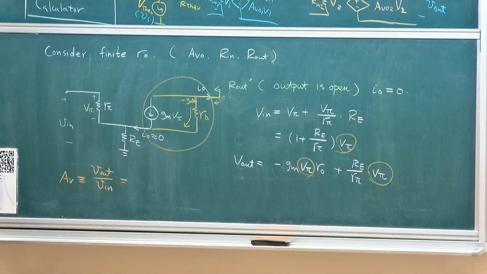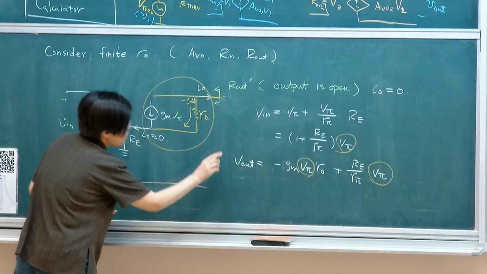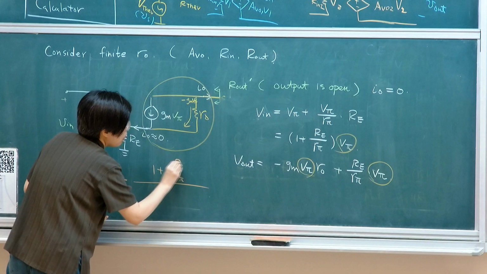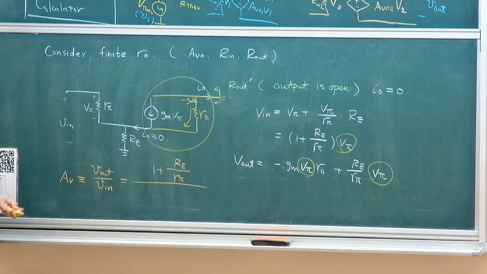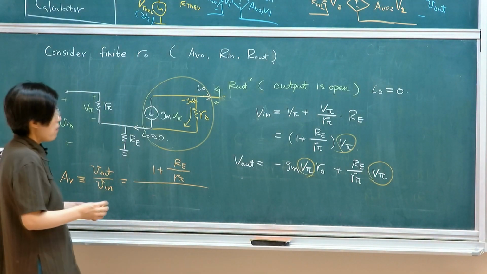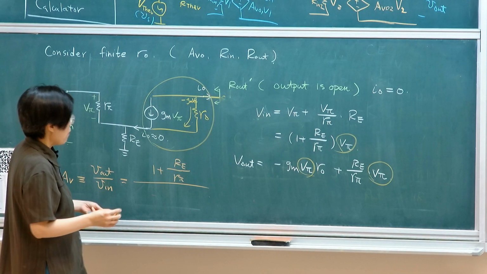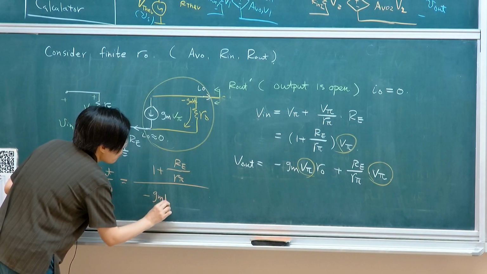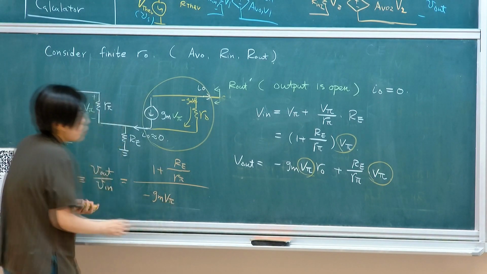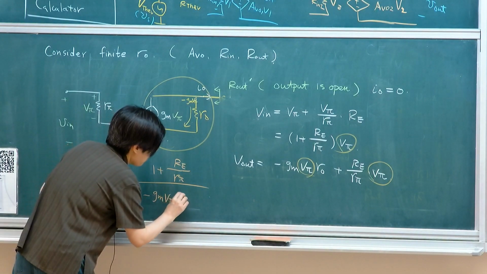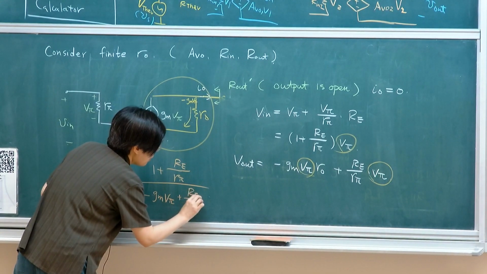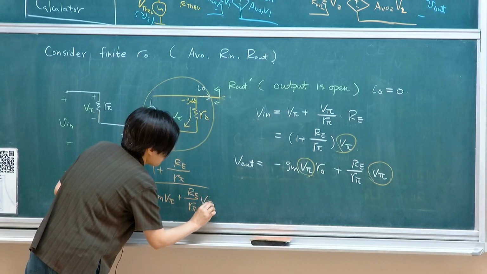Let's make sure I don't make a mistake, because I don't have my notes with me. So you then have 1 plus R pi over RE. Please help check. And then I will have a minus gm V pi plus R pi over RE V pi.